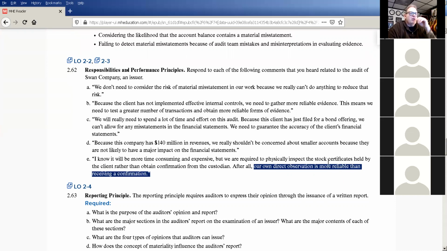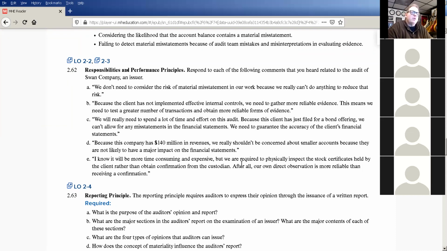You're not required to get the best evidence all the time. When we start talking about evidence, you'll see why. You can get the same level of assurance at the most reasonable cost.